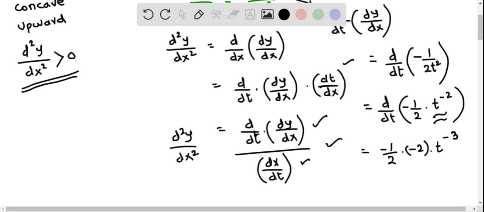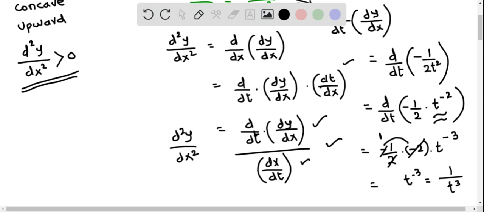We now see we can cancel this negative 2 with this 2 as well as this negative, because the product of two negatives is positive. So basically here we get 1, and 1 times t power minus 3 is t power minus 3, or this equals 1 divided by t cubed.